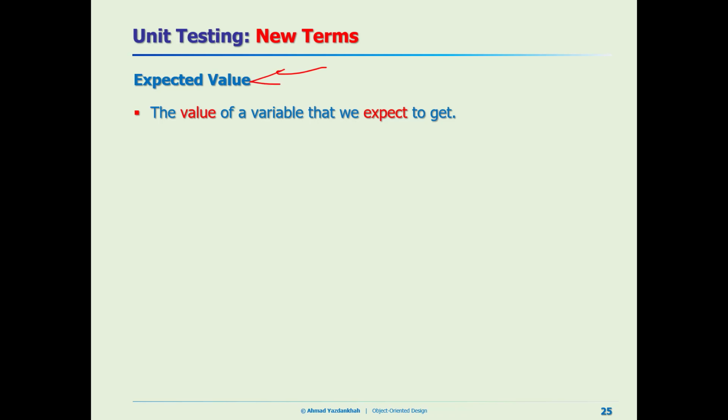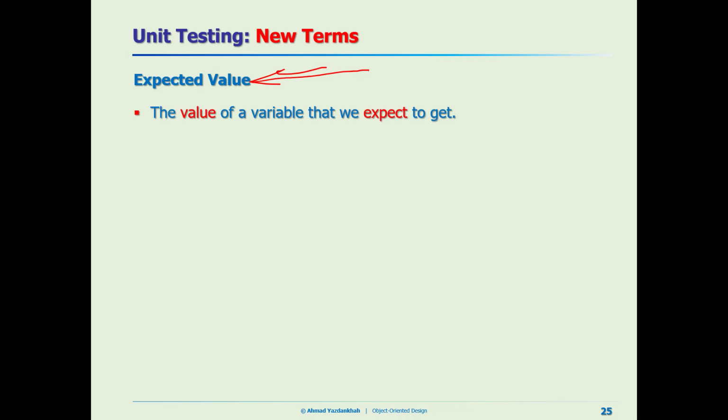So before going further, we need to learn two new terms. Expected value. What is expected value? When you are testing, you expect theoretically that the unit, if it is a method, let's say, should return a value.